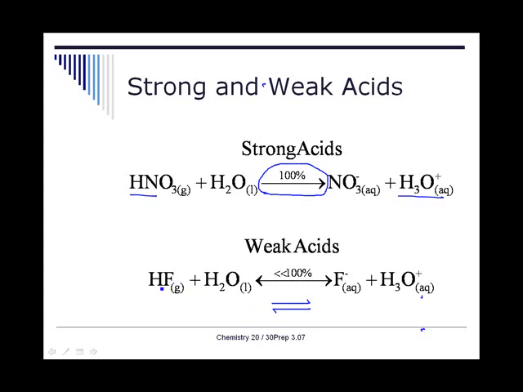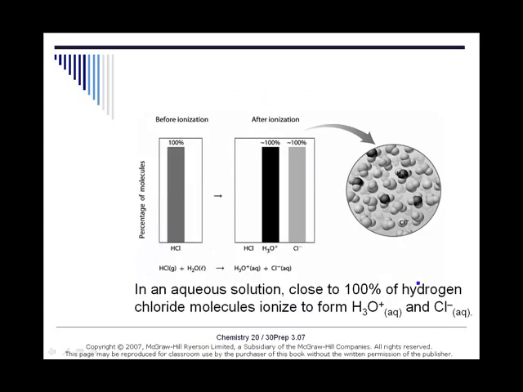What it means is only some of these HFs react with water. Most of them don't. If they don't react with water, then you don't get as many hydronium ions, and so you'd have a higher pH. The solution would be less acidic, even if they have the same molar concentration in terms of the acid formula.